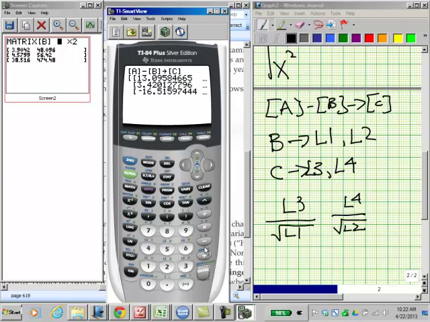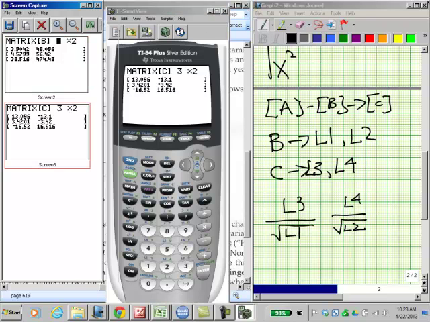Okay, and I hit enter. Alright, now I'm going to clear this and do second and inverse, arrow over to edit, and I'm going to take a picture of matrix C 3.